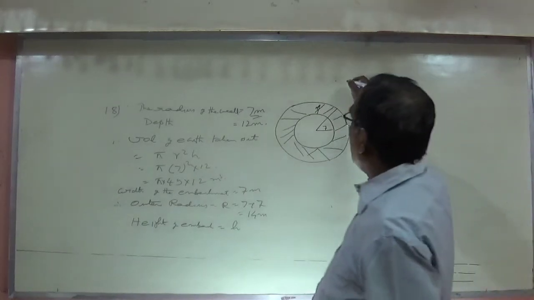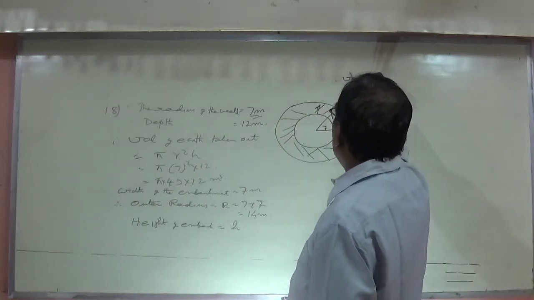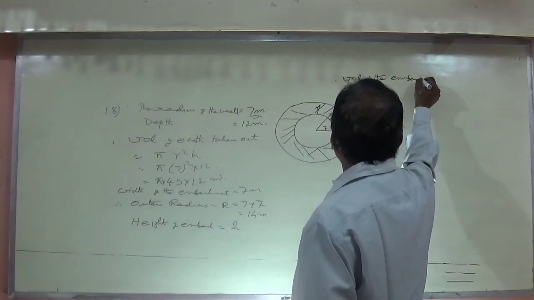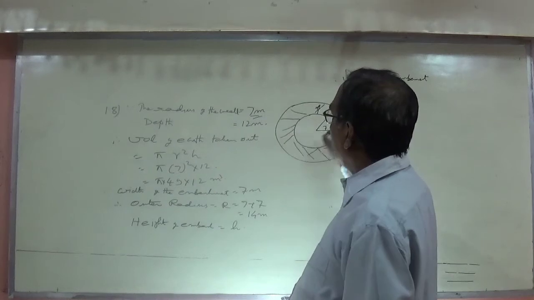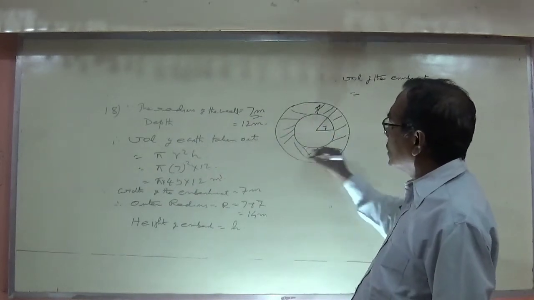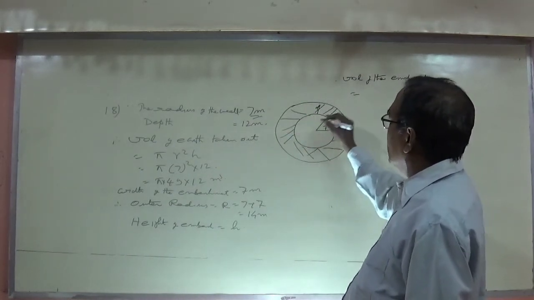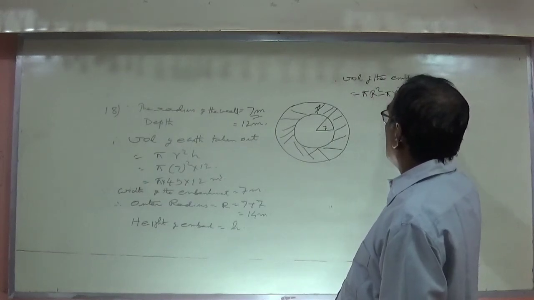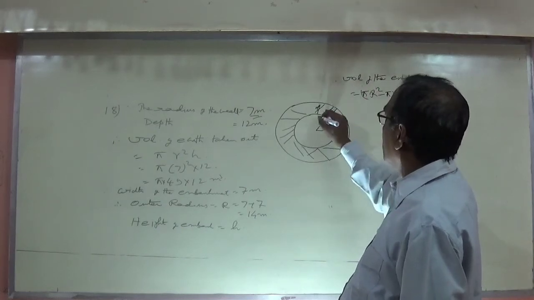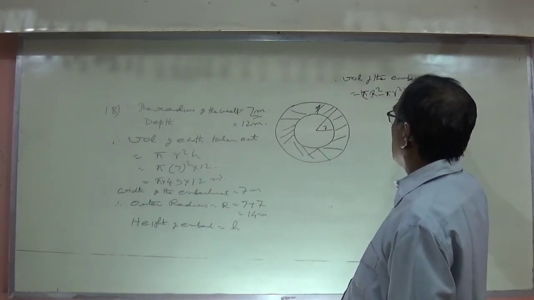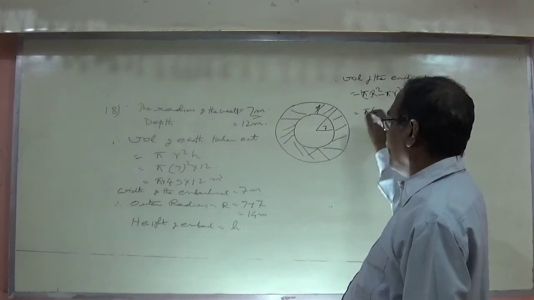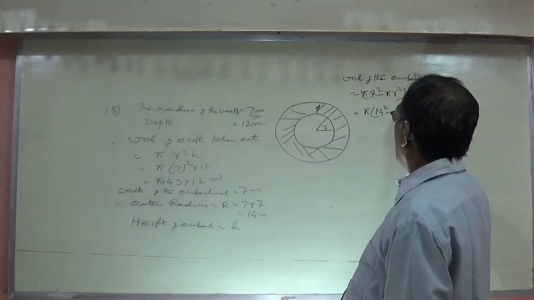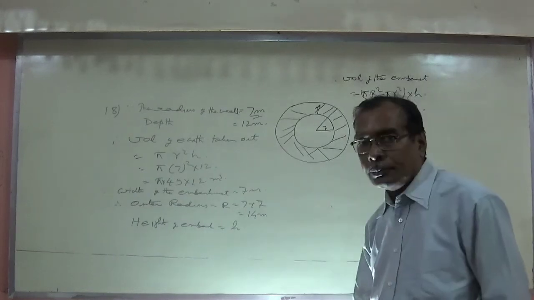Okay, so what is the volume of the embankment? It is equal to the area of the ring into height. How to find the area of the ring? The external area minus internal area, that is pi capital R square minus pi small r square, into height h. Taking pi common, capital R is 14, small r is 7, and height we do not know.